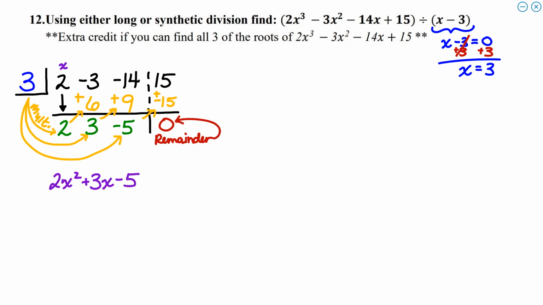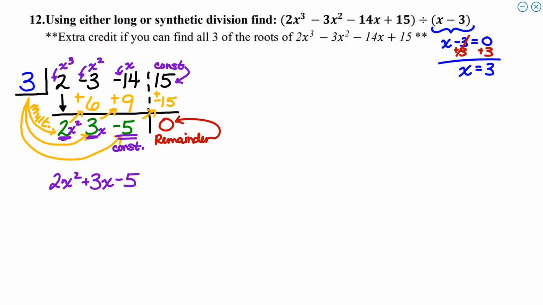This one had been an x cubed, so it dropped a degree, and this became an x squared. This one had been an x squared, dropped a degree, so this became x. This one had been just x, so this is now my constant. And this one had been my constant, and I had a remainder of 0.